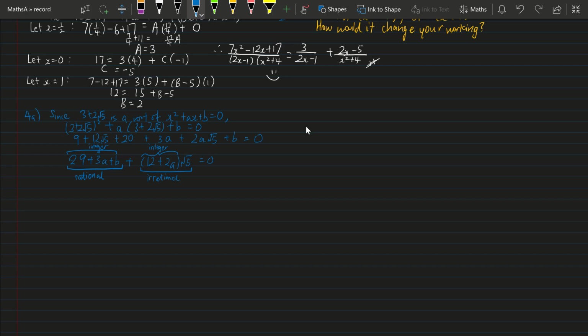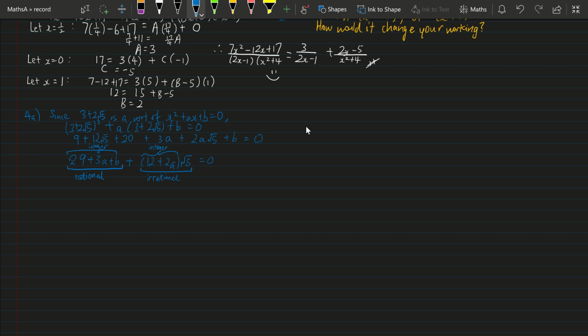Okay, so the leap you need to make here is that because a and b are integers, a rational number plus an irrational number can give us 0 only when both the rational part and the irrational part are equal to 0. Why?